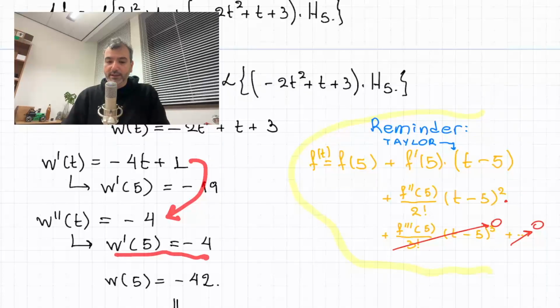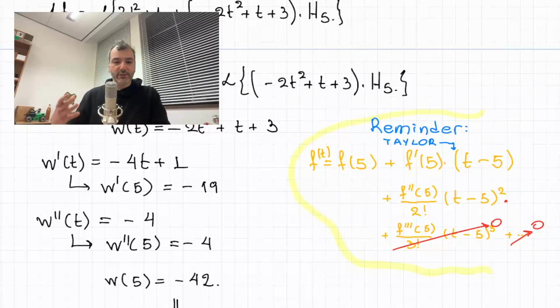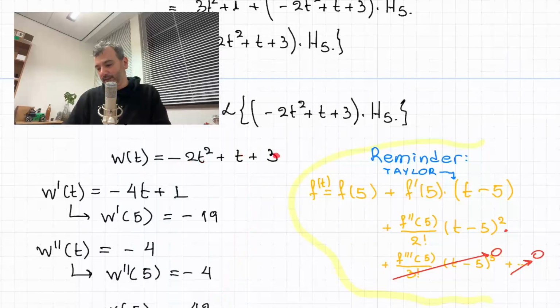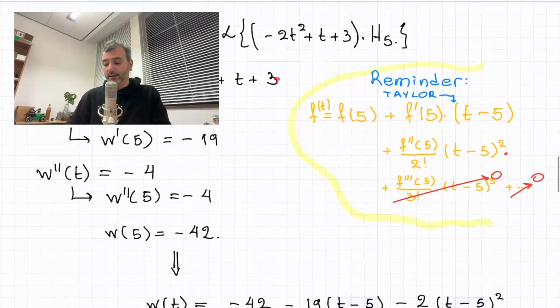So w double prime, the second derivative at 5, is minus 4. Great. And lastly, take w and plug in 5, and you will see it is minus 2 times 5 squared, which is 50, plus 5, minus 55 plus 3, minus 45 plus 3, minus 42.